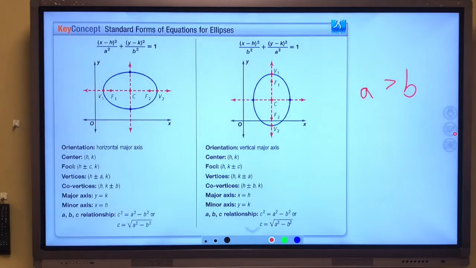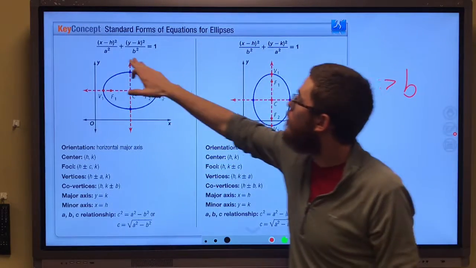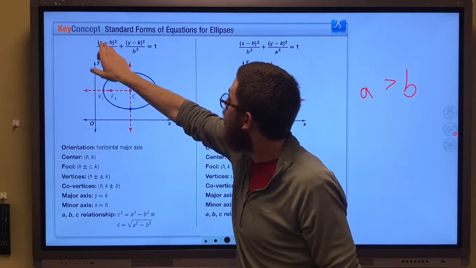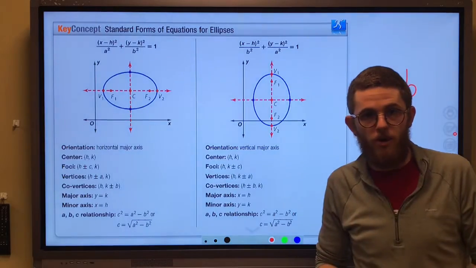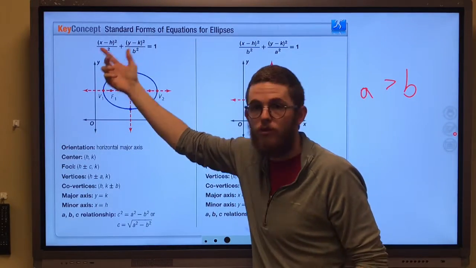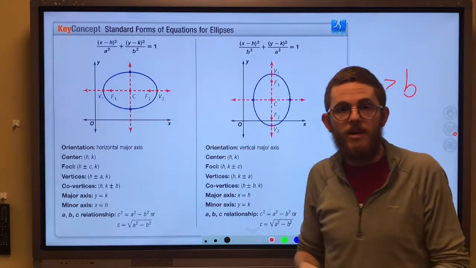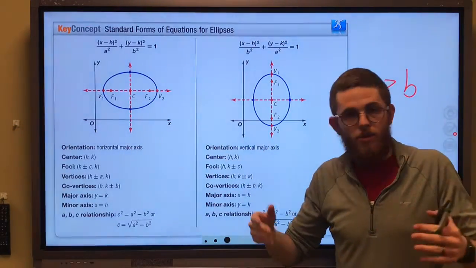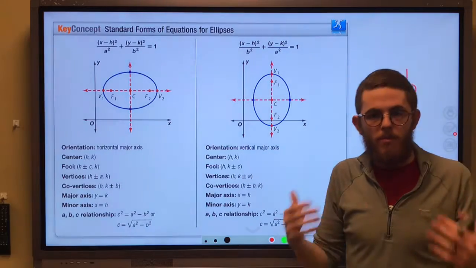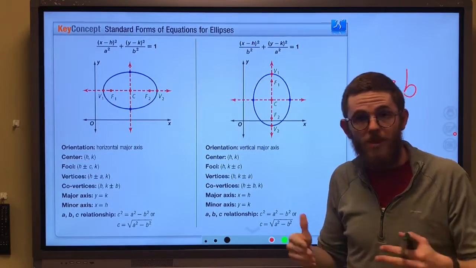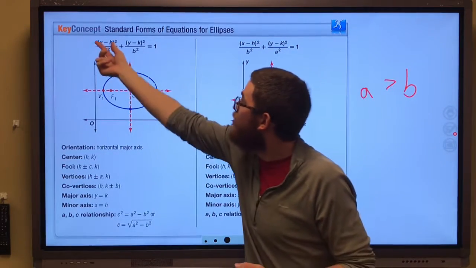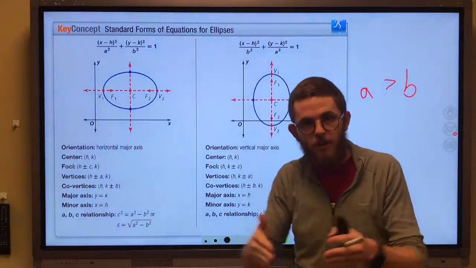Notice that if the bigger number is in the denominator underneath the (x minus h) squared, the term with x, well, because a is affecting the major axis, that means a is affecting the x values. X values are left and right.